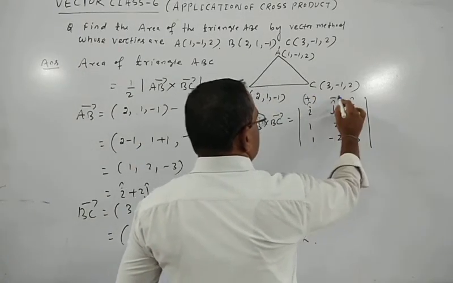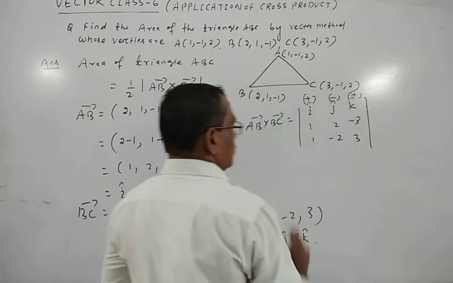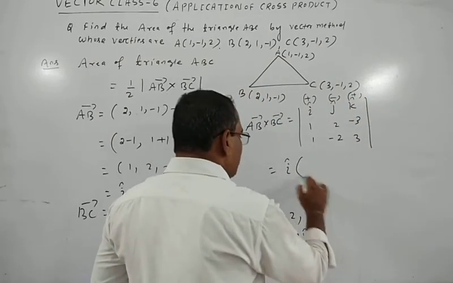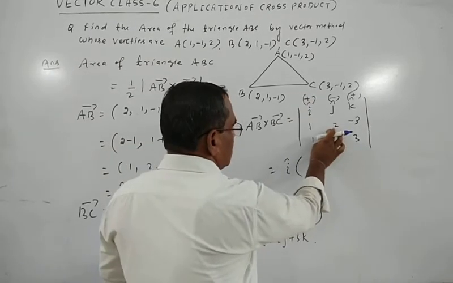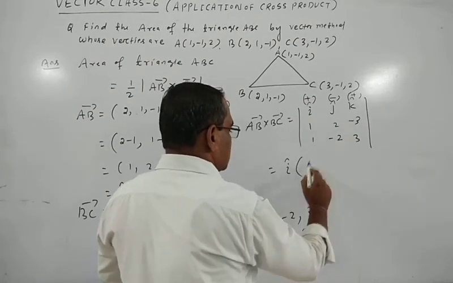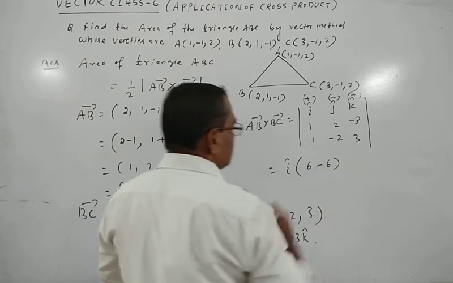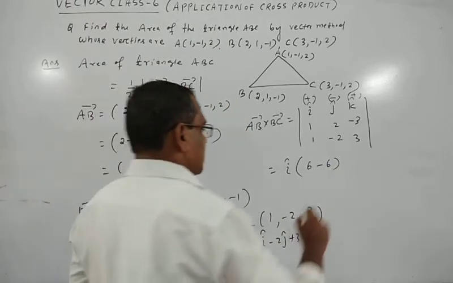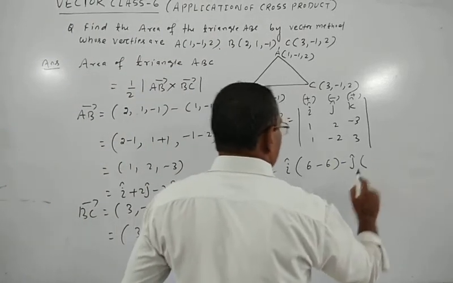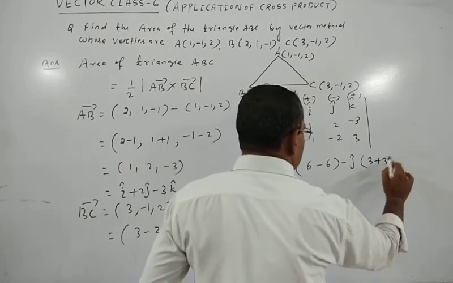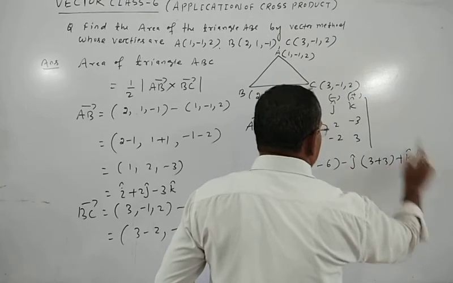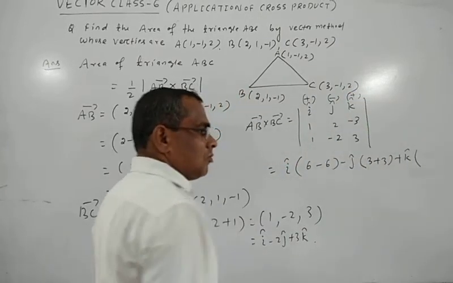So plus minus plus, expand it. So this is equal to i cap into first row, first column, omit this one. So this is equal to 2 into 3, 6 minus 6. Okay, minus j cap into 1 into 3, 3 plus 3, and k cap into first row, third column, leave it.